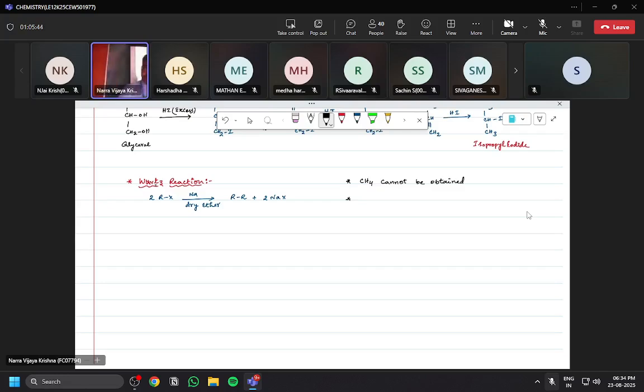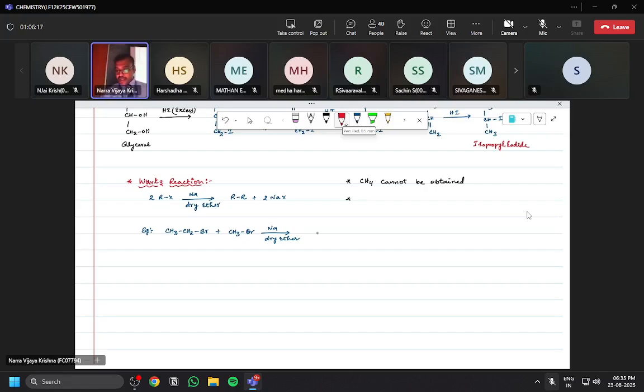For example, I am taking one example: CH3CH2Br and CH3Br, in presence of sodium and dry ether. What will you get? The ethyl radical can combine with itself to form butane.